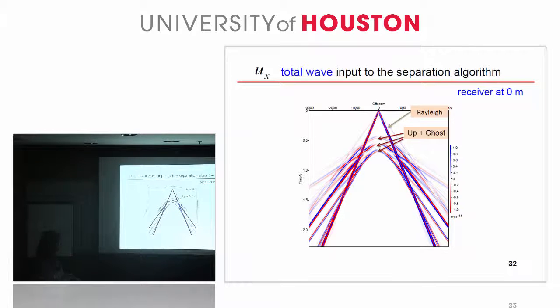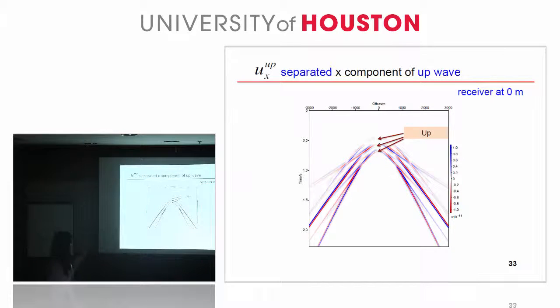In order for you to see this clearly, we muted some of the higher energy of the Rayleigh wave. But when we do the wave separation, we don't do this. We just put all this data into the formula to get the separation result. And these events are the outgoing wave and the ghost. We understand that for the measurement at depth 0, the outgoing wave and the downgoing wave will have the same time lags.